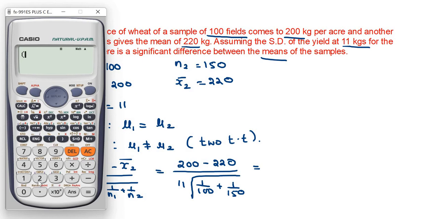For numerator, 200 minus 220, close the bracket, divided by 11 into square root of, for the first term, 1 divided by 100, close the bracket, plus second term, 1 divided by 150, close the bracket.